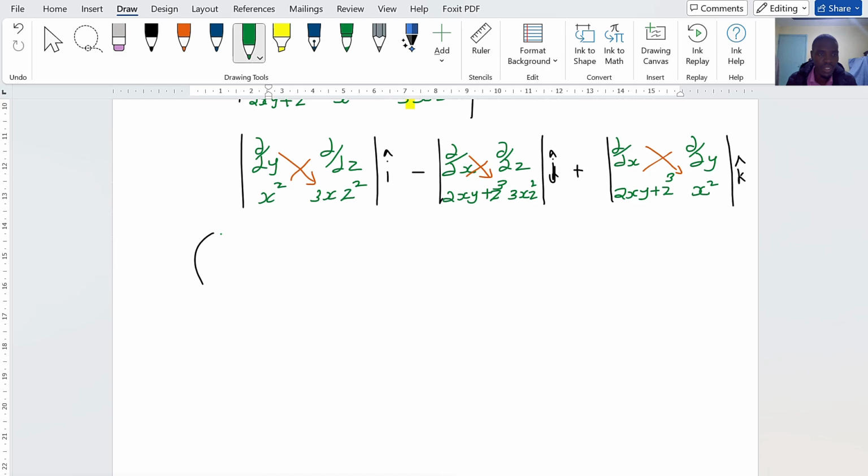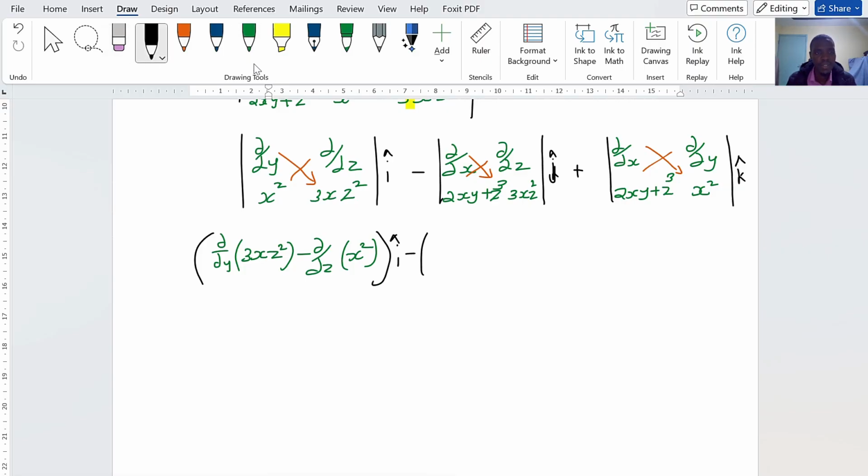Let's have it. d/dy into 3xz squared minus d/dz into x squared. That is for i. So I'll close this and put i.